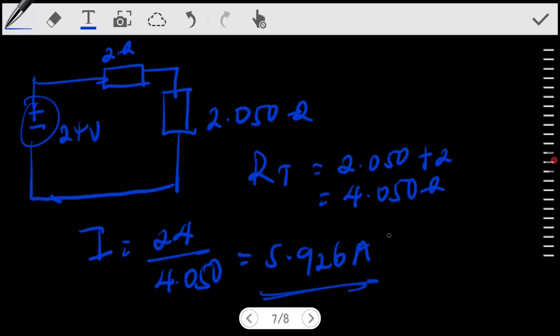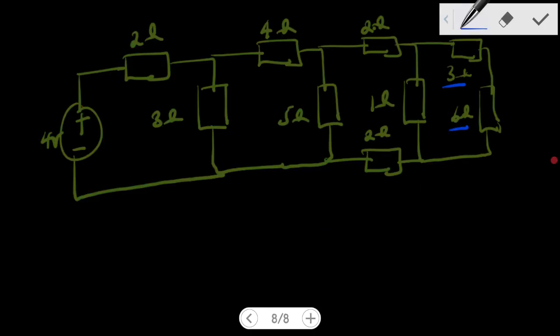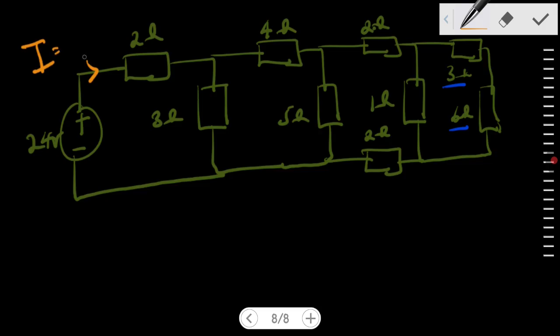Now, let's use this current to get the current through different resistors. As we know that the total current from the source, this was 24, of which that would be our I, is equal to 5.926 amps, right?